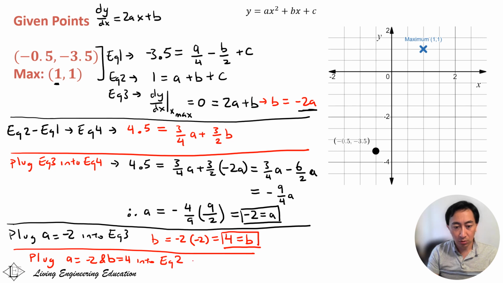Equation 2. And what do we get? We get 1 is equal to a, which is negative 2, plus b, which is 4, plus c. So this is 2 plus c. So c is equal to negative 1. All right?